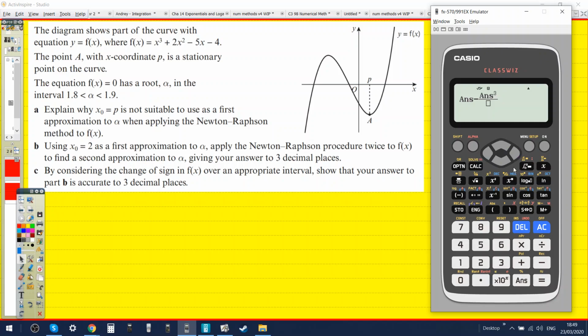We're using the f of x above, x cubed plus 2x squared minus 5x minus 4, to apply twice. And the derivative of that.